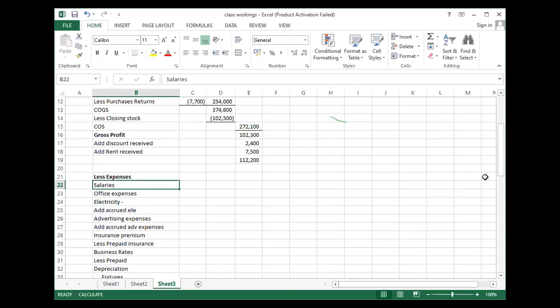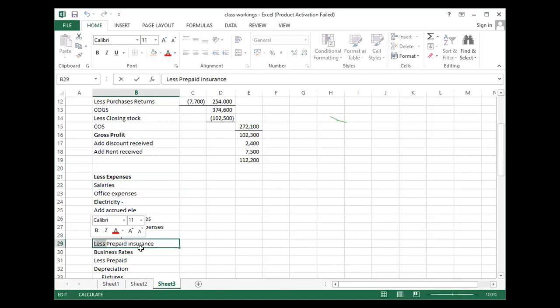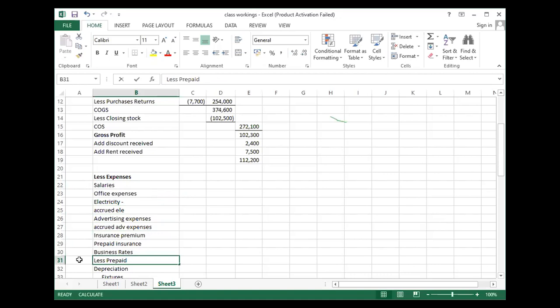Then go to the additional information and establish whether there is any additional information affecting salaries and wages. Very fast. Should be faster than that.